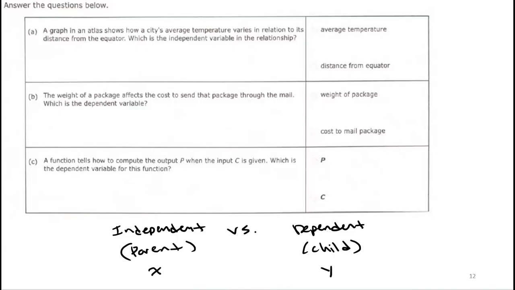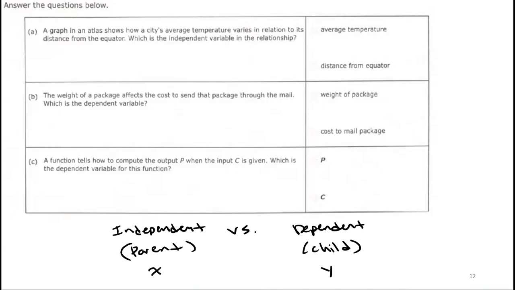So X controls the equation. Whatever you do with X, Y is dependent upon it. The answer is going to fluctuate depending on what you put in for X. That's why X is referred to as the independent variable, because it controls the equation, and Y is the dependent variable.